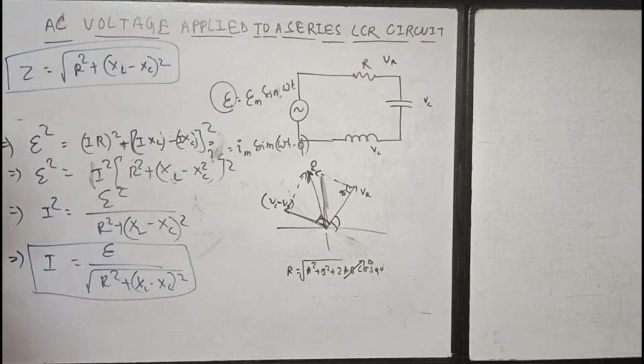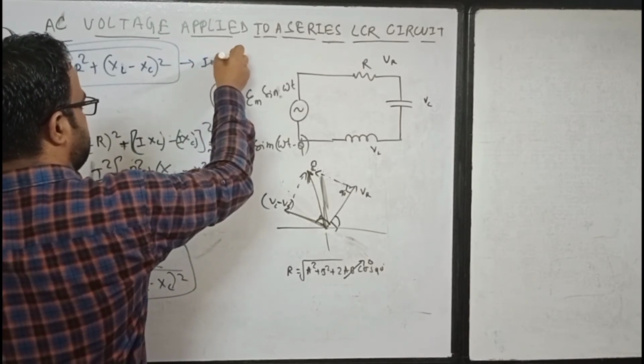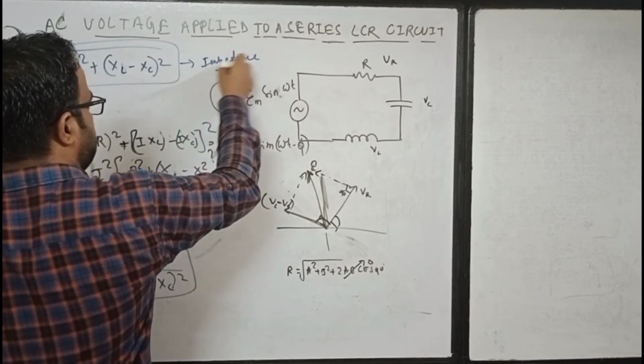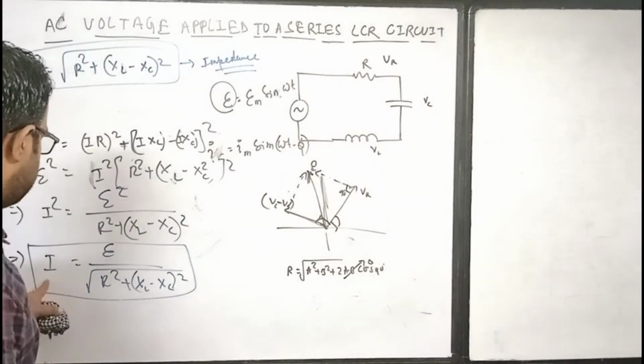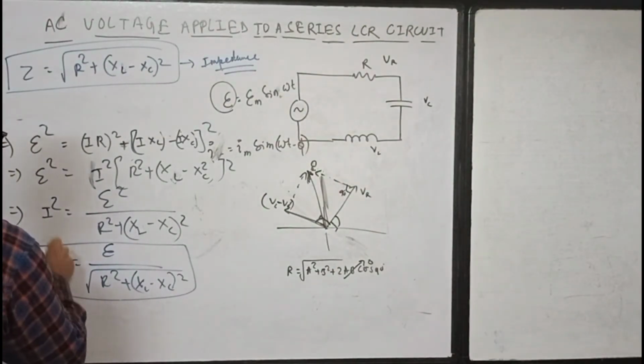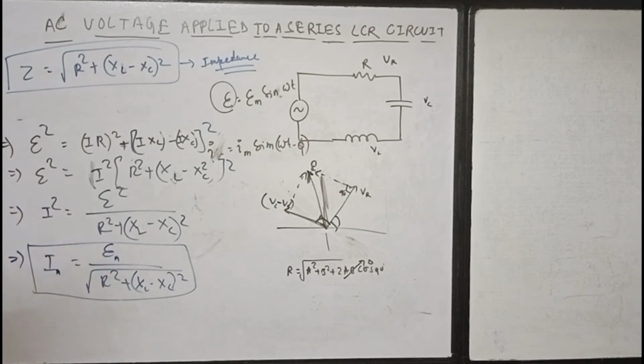This is called impedance. Okay, so this current is the amplitude, and this will be your maximum amplitude.